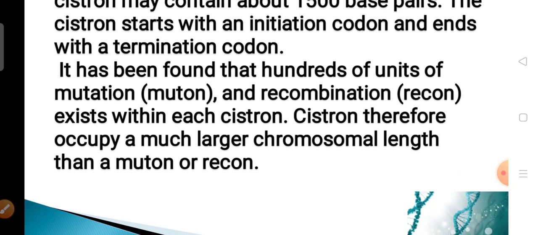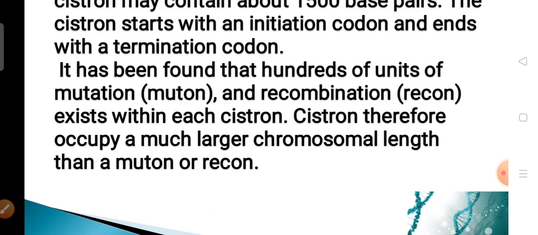It has been found that hundreds of units of mutation, that is mutons, and hundreds of units of recombination, that is recons, exist within each cistron. Hence the cistron is a very long segment of DNA, occupying a much larger chromosomal length as compared to a muton or recon.